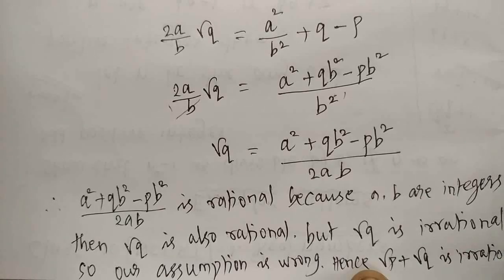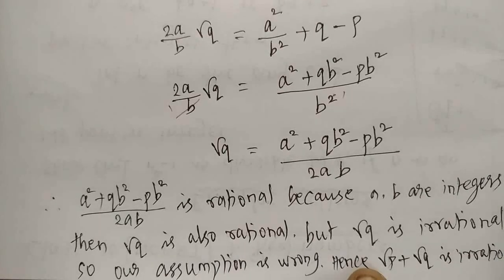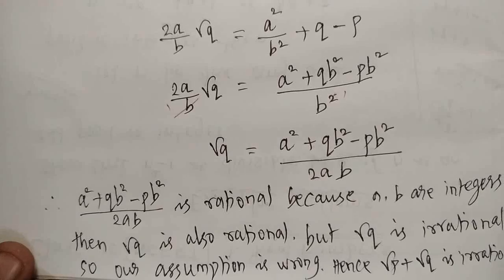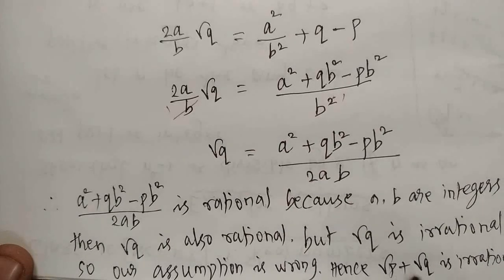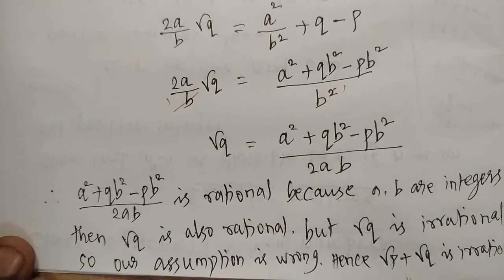Why am I writing that it is irrational? Because we assumed root P plus root Q is rational, then step by step we got that root Q is rational.